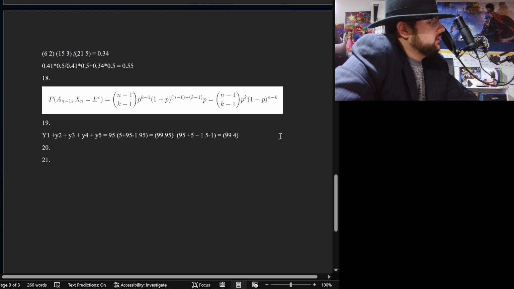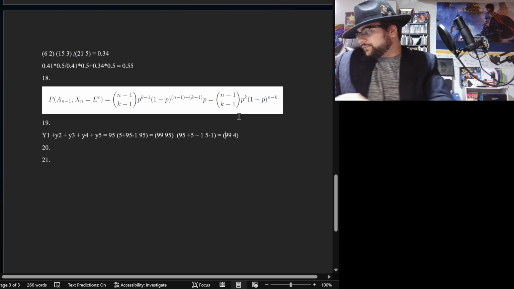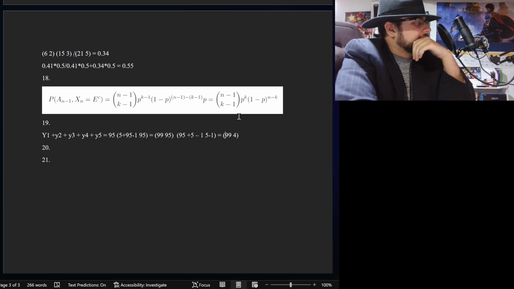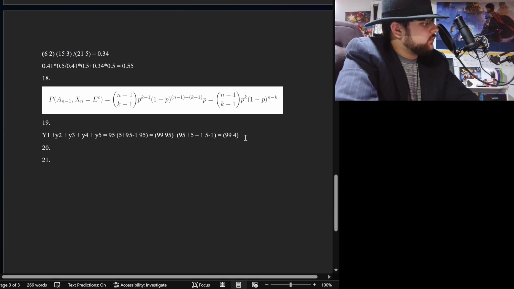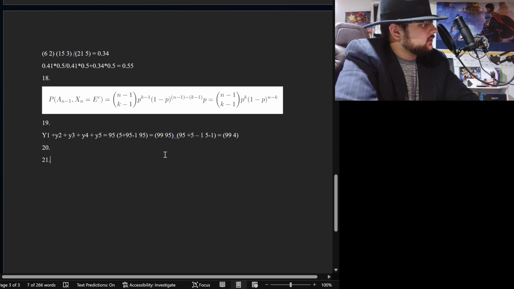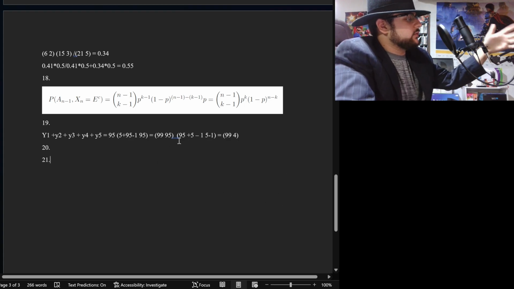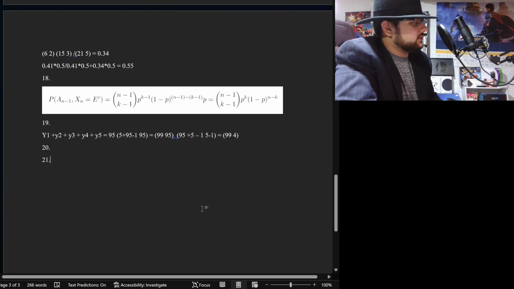Both are right in their own way. I don't think it really matters which one you give here, as long as you show how you got each one. I would personally go with this answer over this one, but I wouldn't say either of them are wrong. Just, I feel like this one's more complete.